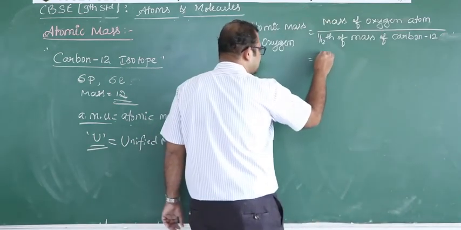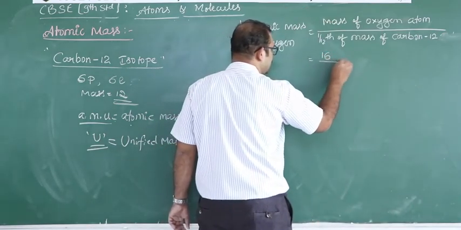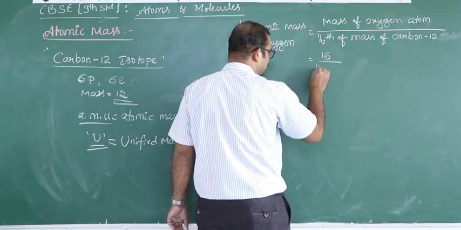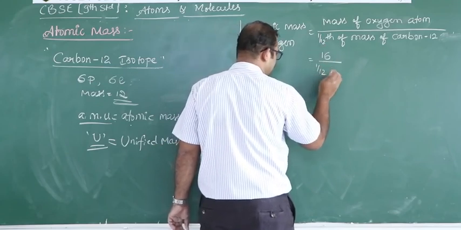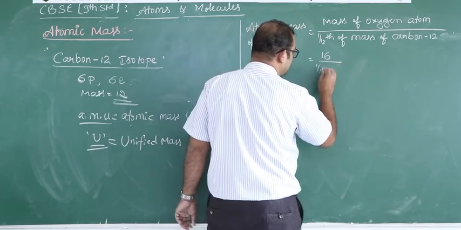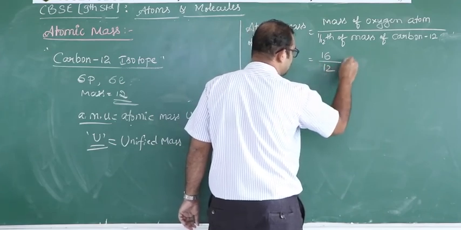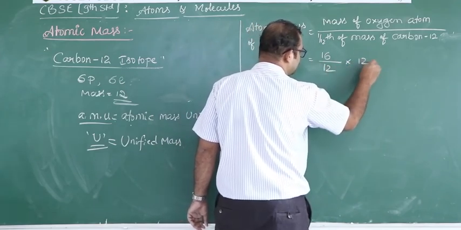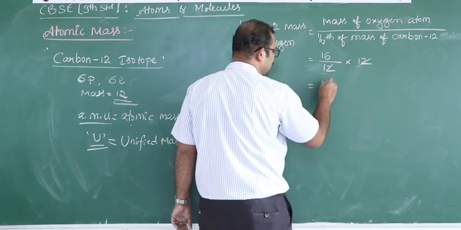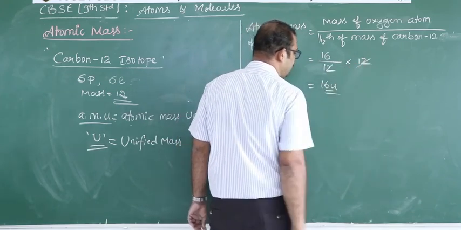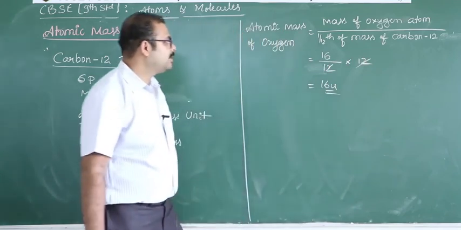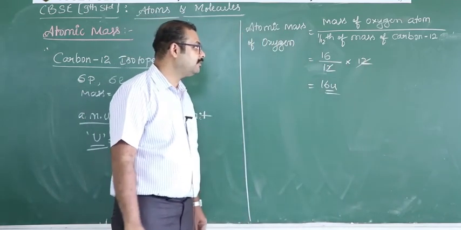The mass of oxygen is 16, and 1/12 of carbon, we have to compare with 12. It will get cancelled, and you will get 16 unified mass. This is how we calculate the mass of an atom.